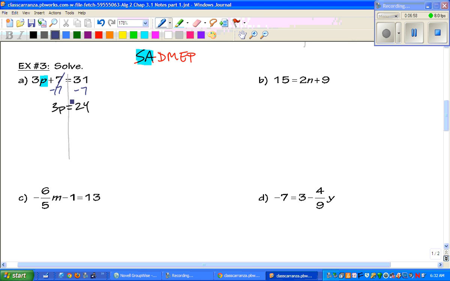Okay, now right here's multiplication. To get rid of multiplication, I'm going to divide. And p equals 8. And just to double check, 3 times 8 plus 7 equals 31.